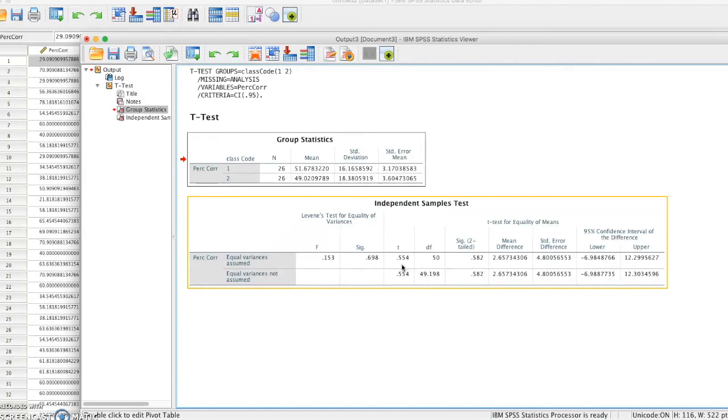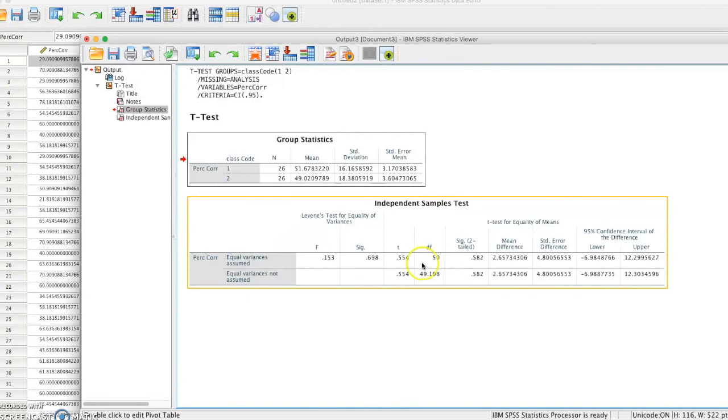T-values needed for rejection of the null hypothesis. Now, there are a lot of different values on this table, so how do you know which one to use? Well, you're going to look at this DF column, which is the degrees of freedom. So the degrees of freedom in our case is 50, and when we look up the corresponding value on the table, using the significance level that we want to use, which is 0.05, and a two-tailed test, because this could be either her class did worse or better, the value we would need to reject the null would be 2.009.